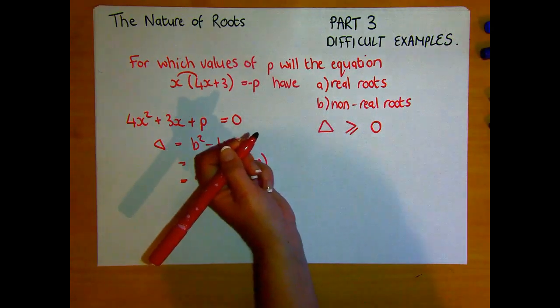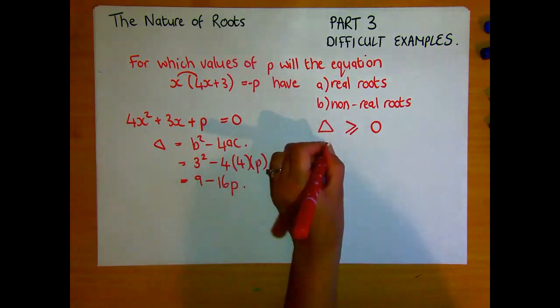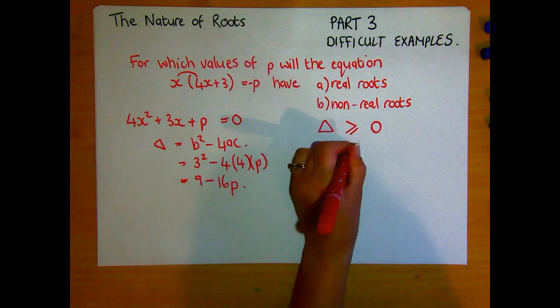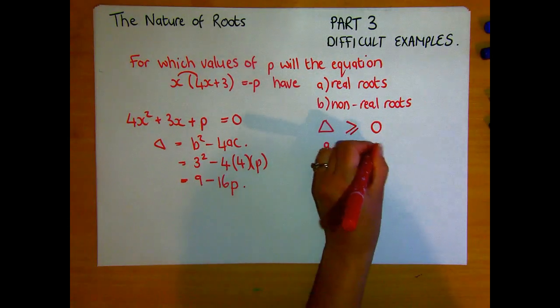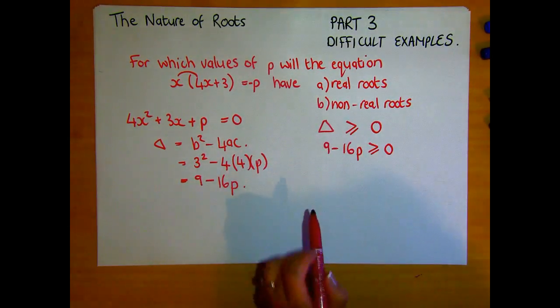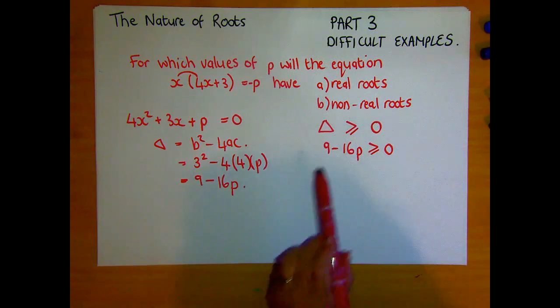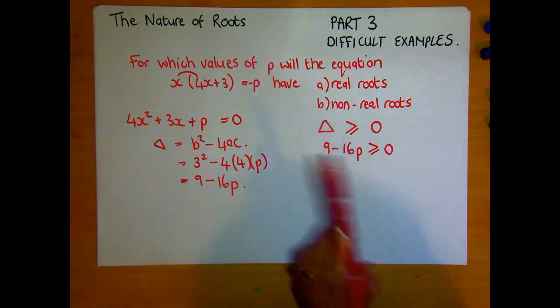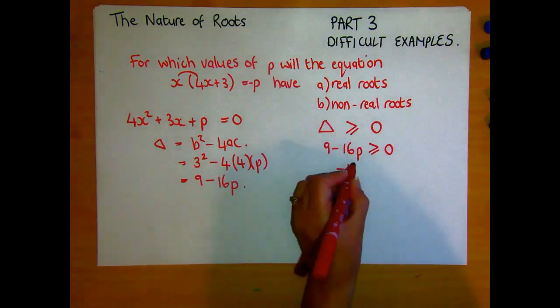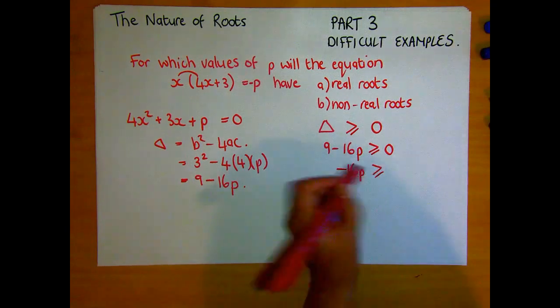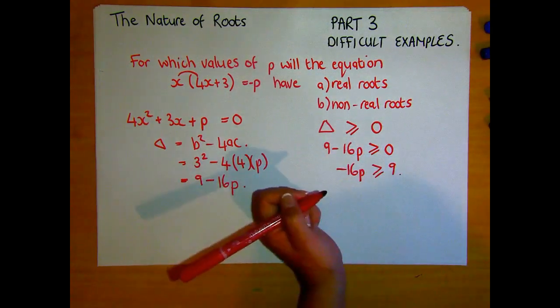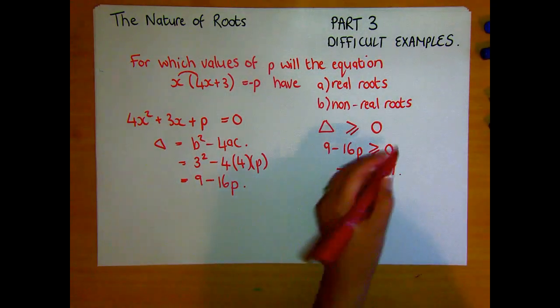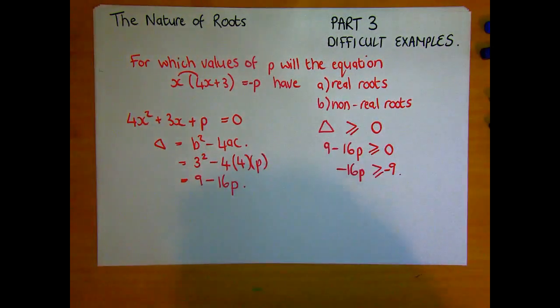Okay, so that means that 9 minus 16p must be greater or equal to 0. So you can see what we're actually solving now is another inequality. So we're now just going to solve for p, basically. Okay, so if I leave 16p here, and move my 9 across, the 9 must be negative on the other side because I've moved it.